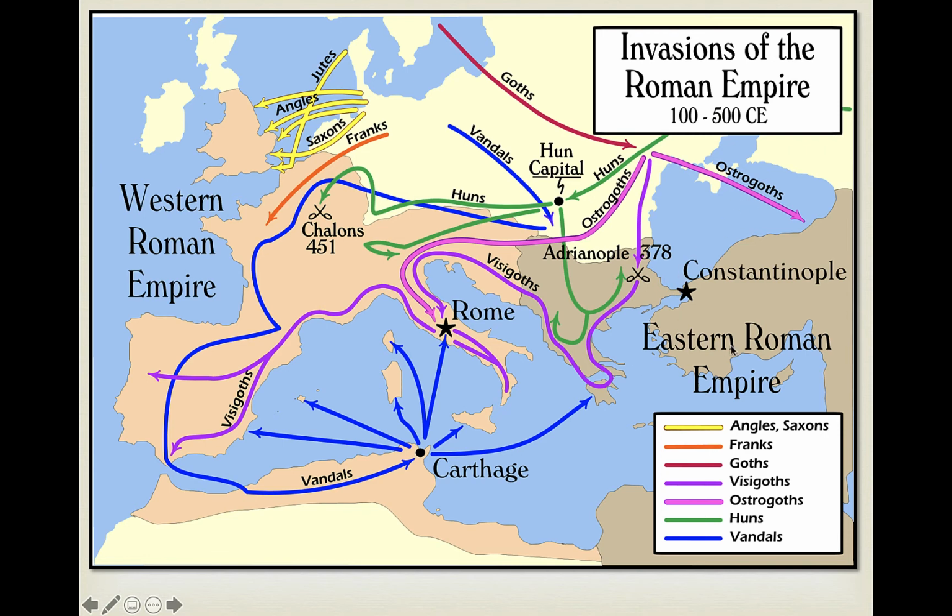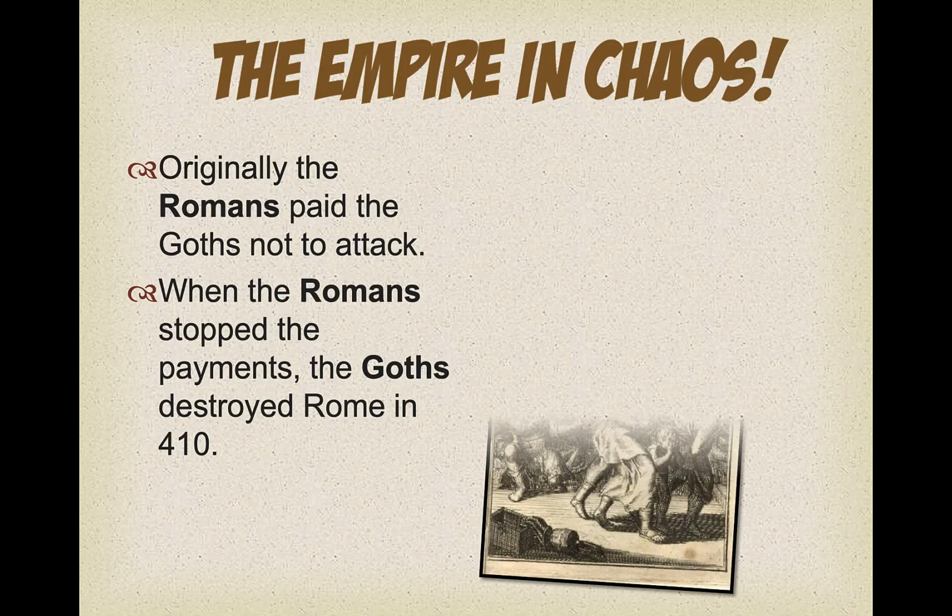The only place that wasn't totally being attacked at first was this area over here in the Eastern Roman Empire in Constantinople. But what we're talking about now is the Western Roman Empire, which is really mainly Europe, this area in here. This is going to become huge for us as we start to talk about the Middle Ages and the Renaissance.